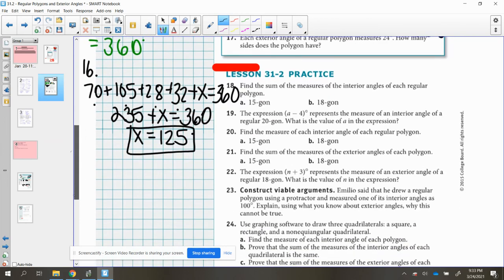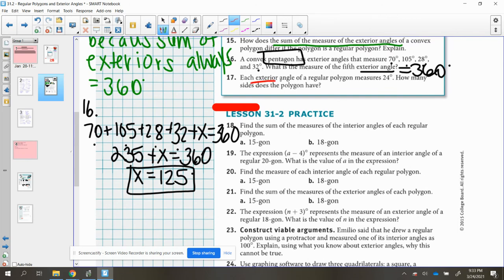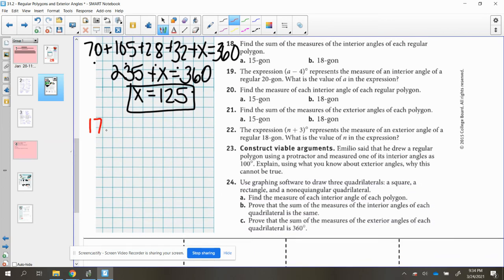All right, last but not least, number 17 says that each exterior angle of a regular polygon measures 24 degrees. How many sides does that polygon have? Okay, well, each exterior angle we know is 360 degrees divided by the number of sides.